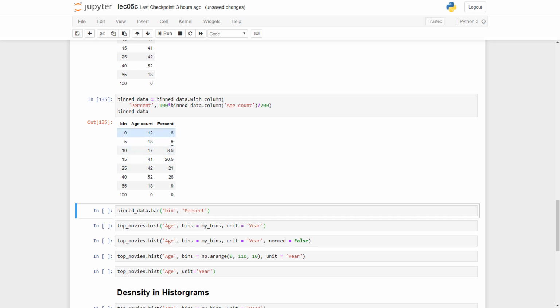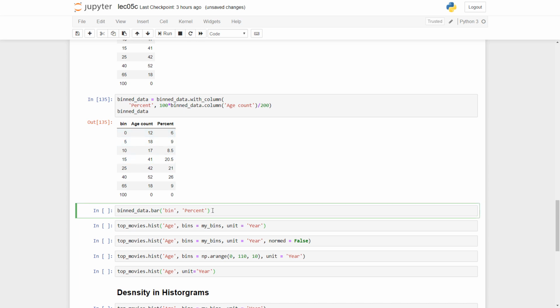Okay, so the percent here is the percentage of the individuals relative to the entire population. So what does that mean for the first bin? 6%. So 6% of the 200 movies, of the top 200 movies, are in the age from 0 to 5, are very recent. Okay? And so on.